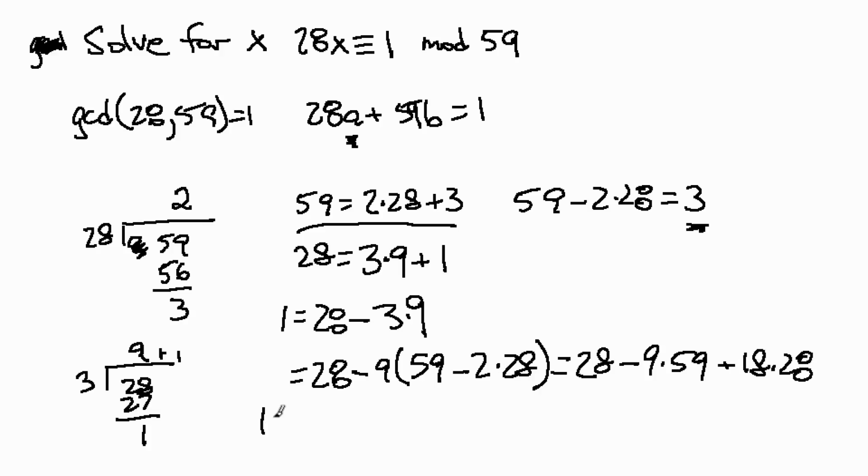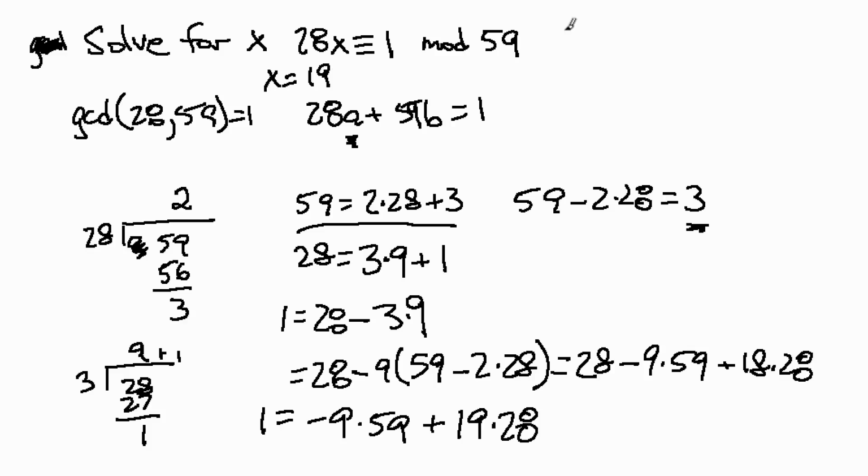So I get that 1 is equal to minus 9 times 59. And now I've got a 28 here, and I've got 18 28s, so that's plus 19 times 28. So that says to me that the solution for this would be x is equal to 19.